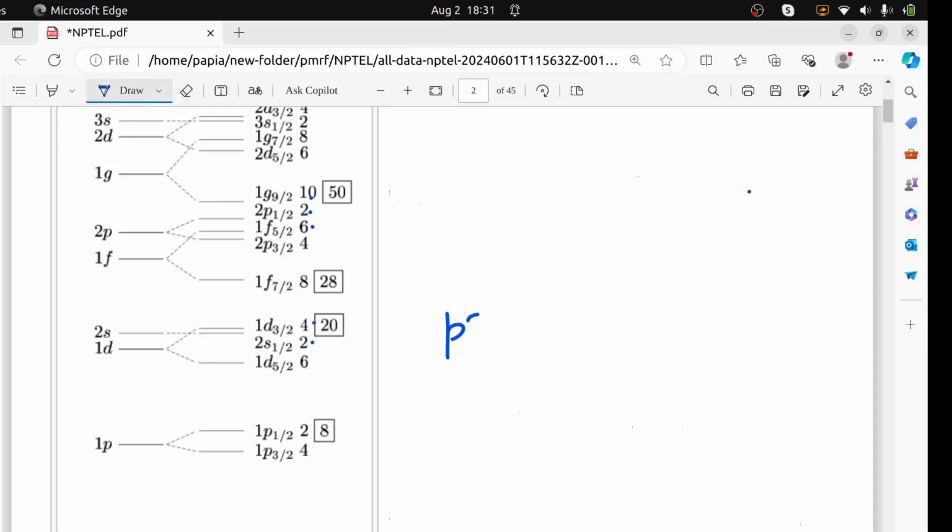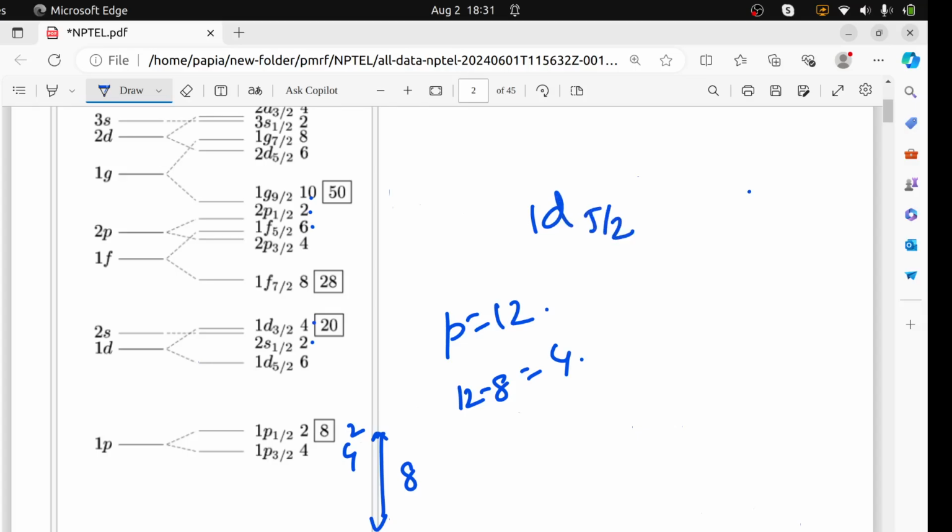So proton is 12. So 2 is there, then 4, 2 as a whole, it is 8. After that, 12 minus 8, that means 4. So 4 will go here because this is the lowest one. After that it will go here, but 1d 5/2, the maximum capacity for this nuclear state is 6.